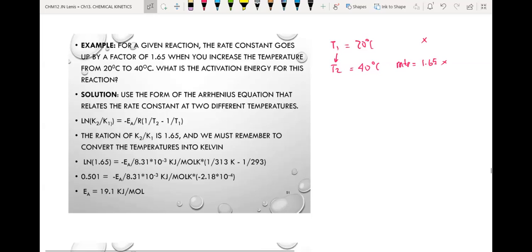We are talking about the rate constant. In other words, the ratio K2 over K1 is 1.65. That's the meaning.